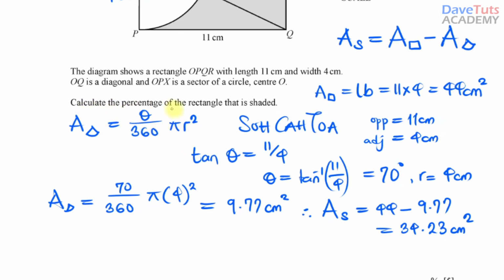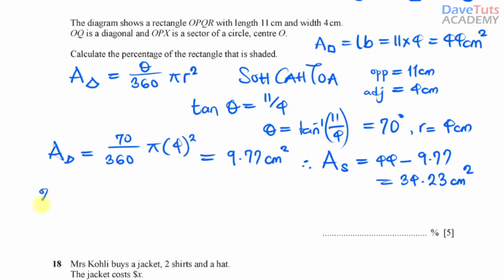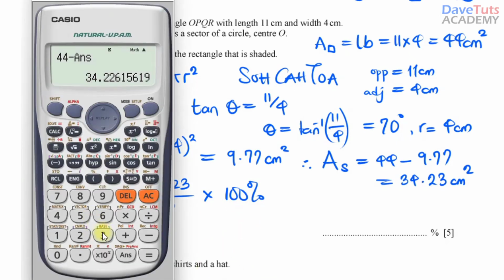But we are not asked that area. We are only asked the percentage that is shaded. So that percentage shaded will be that portion of the shaded region, 34.23, over the total area of that particular rectangle, over 44, multiplied by 100%. So this is what we need to put into our calculator: 34.23 divided by 44 times 100.